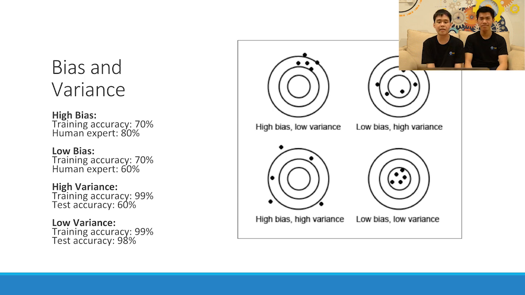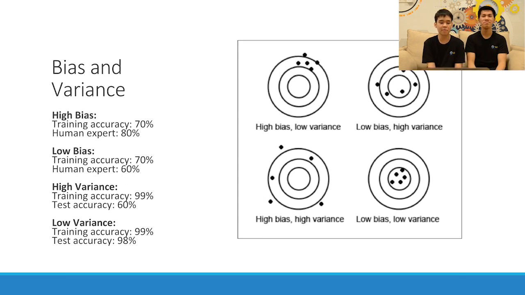That baseline can be a human expert. If the human expert can predict with 80% accuracy, that means your model is performing poorly. It has high bias. But if the human can predict with 60% accuracy, our model performance has exceeded the expert. That means we can say that it has low bias.